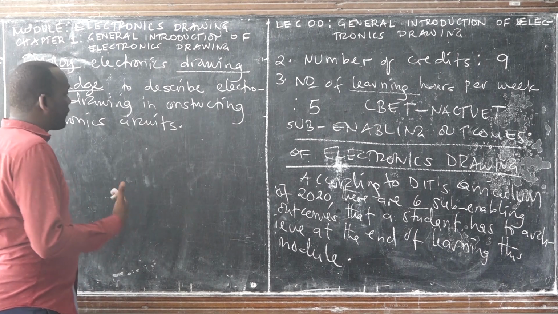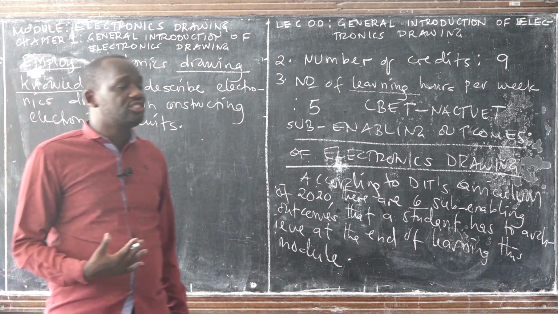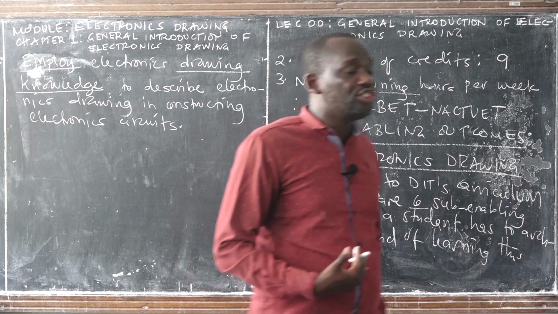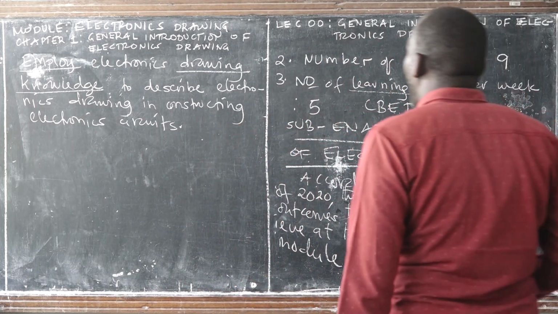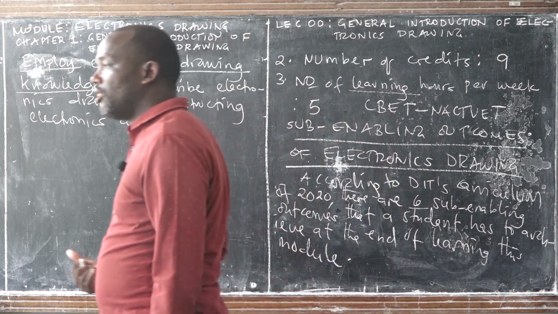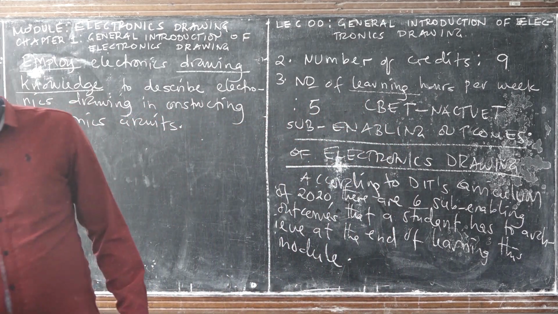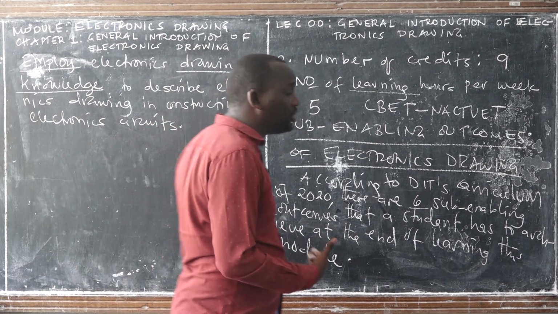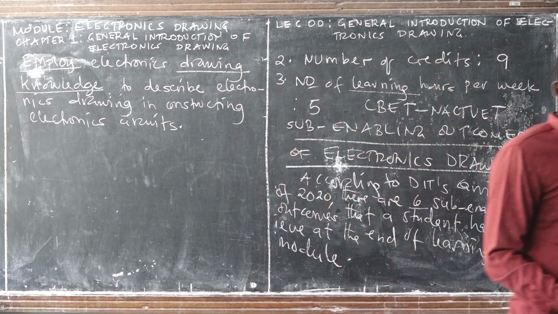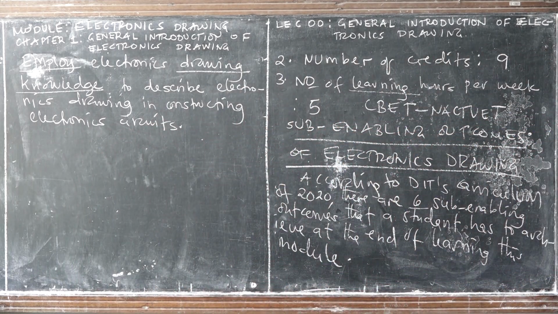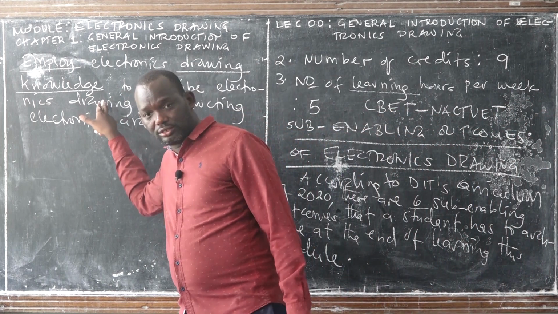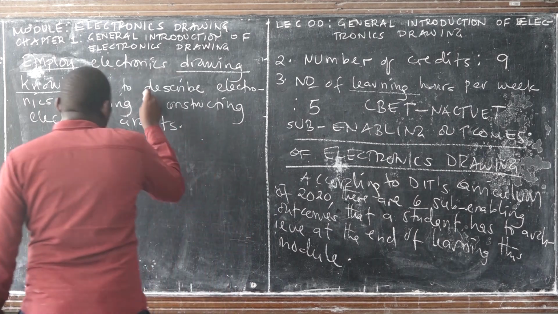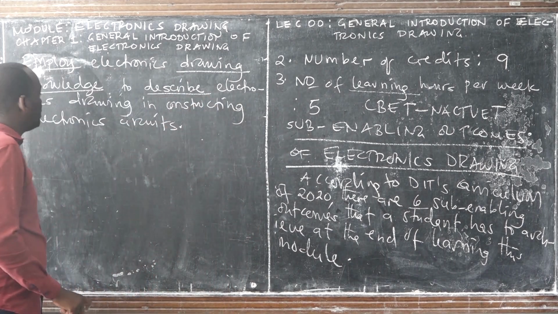So we have electronics drawing knowledge, we have electronics analysis knowledge, we have electronics design knowledge, we have electronics modification or advancement knowledge, we have electronics troubleshooting knowledge. So you have different knowledge in electronics. But for this one, you should be able to employ electronics drawing knowledge to do what? To describe what?